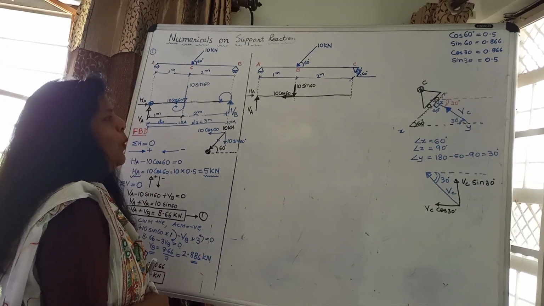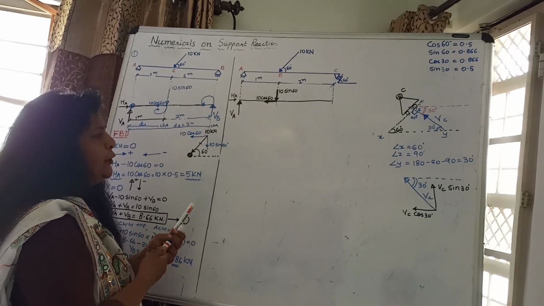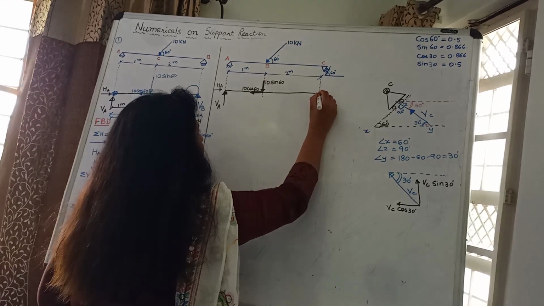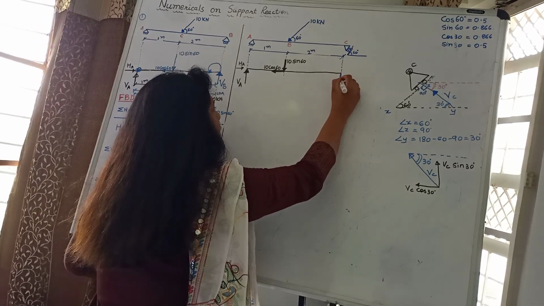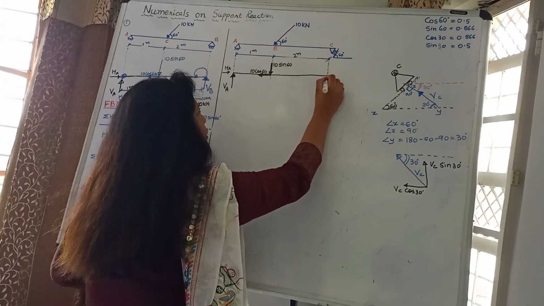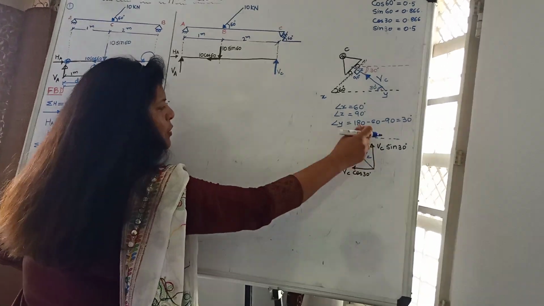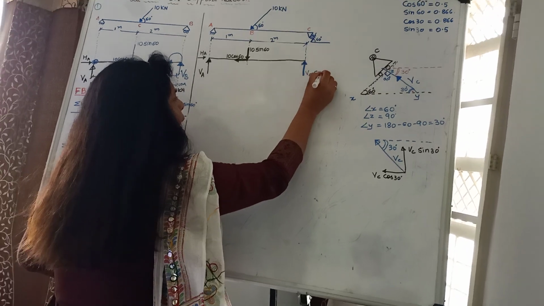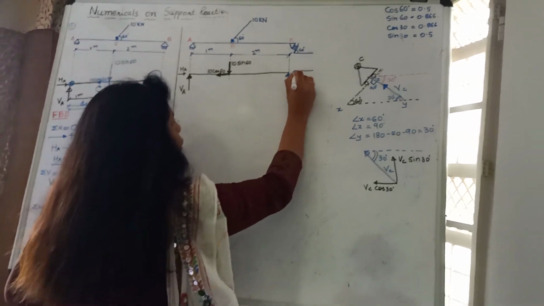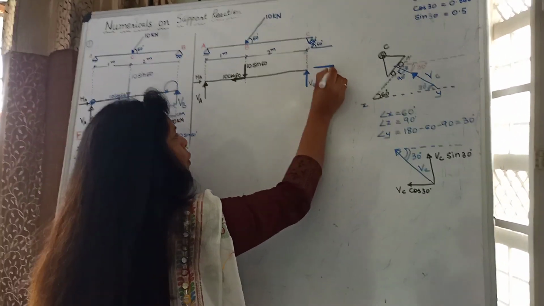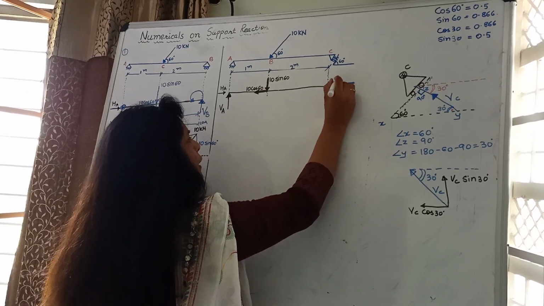Now in this figure I can replace the vertical reaction with two components. One will be a vertical component, VC sin 30, and another is the horizontal component, which I can show in this manner, VC cos 30.